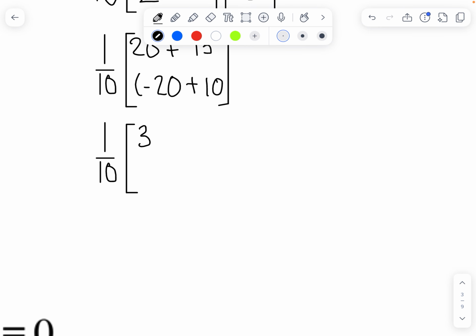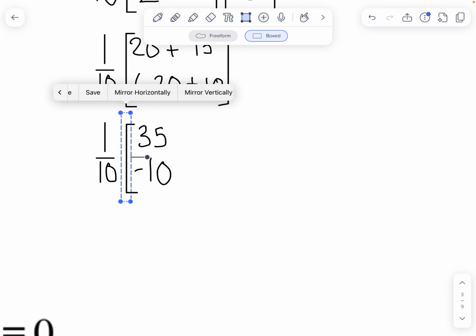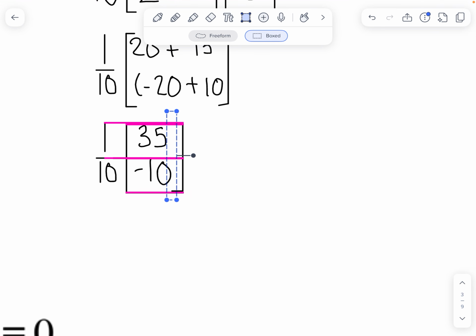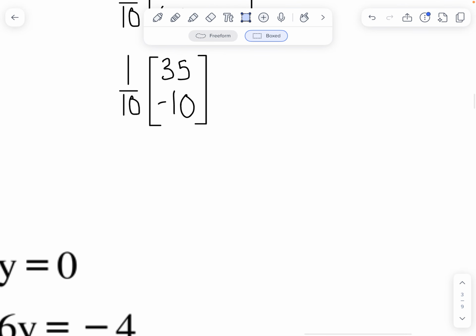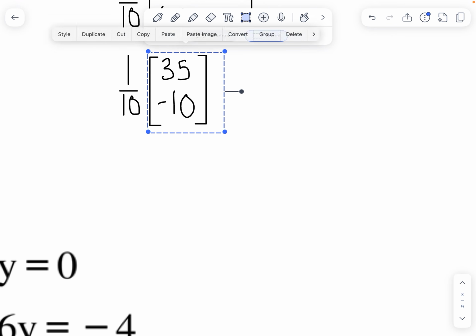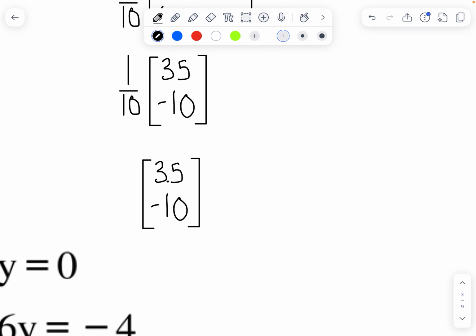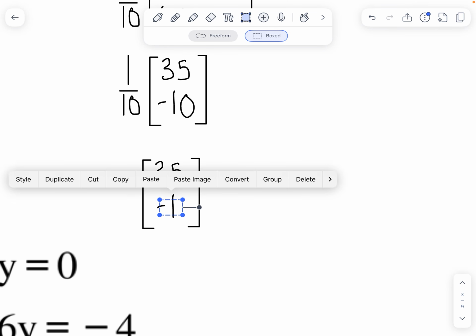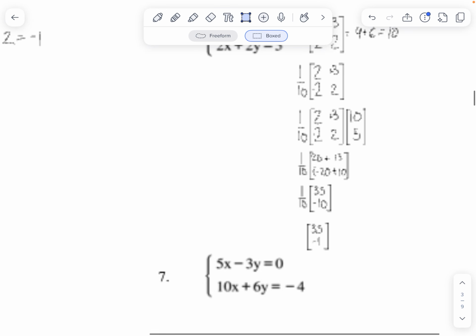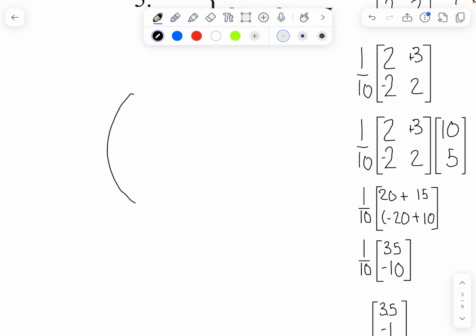This turns to 35, and this is negative 10. So we're left with the answer of 3.5 and negative 1. So our answer is 3.5 comma negative 1.